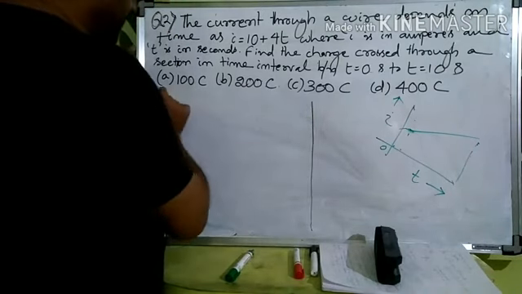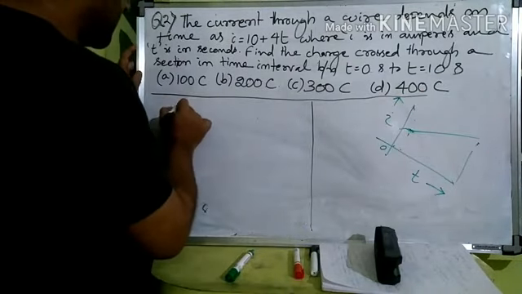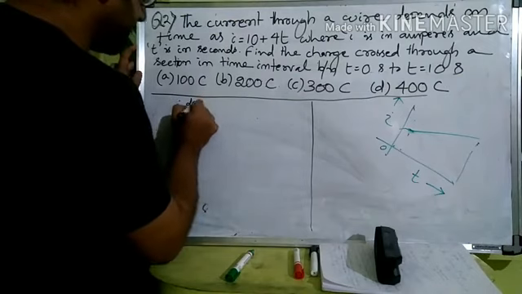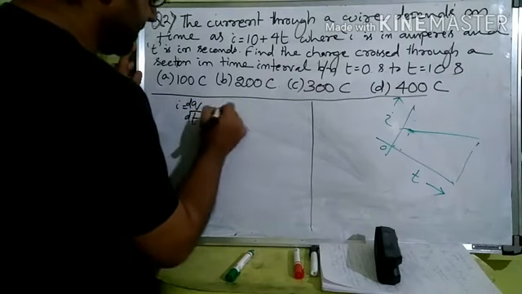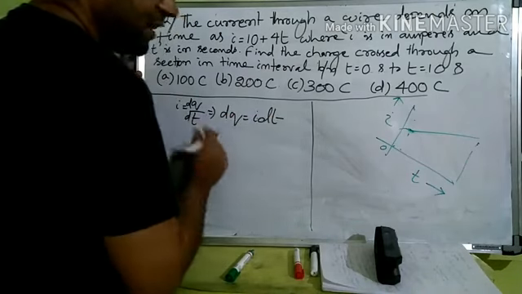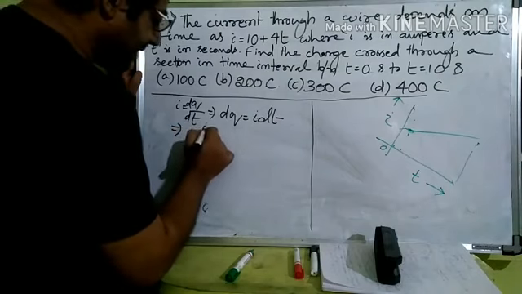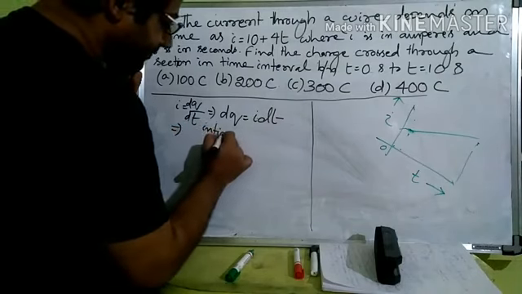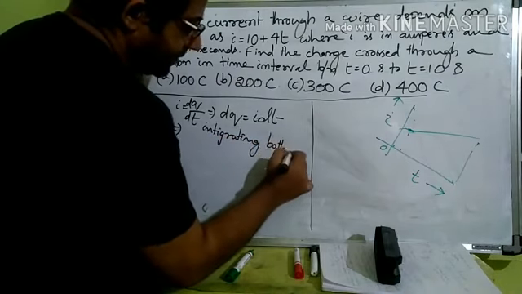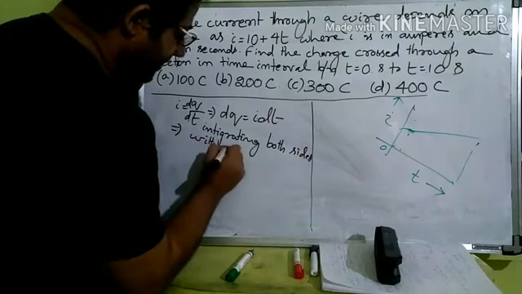Now see, we have I is equal to q by t. To be more accurate, I is equal to dq by dt, which implies that dq is equal to I dt. Integrating both sides with proper limits.